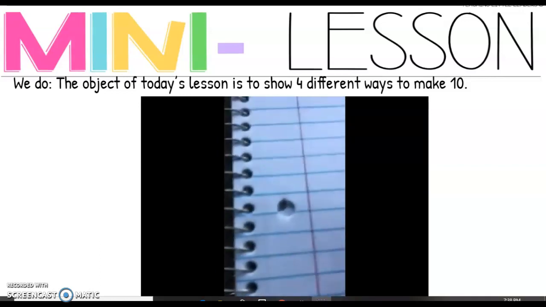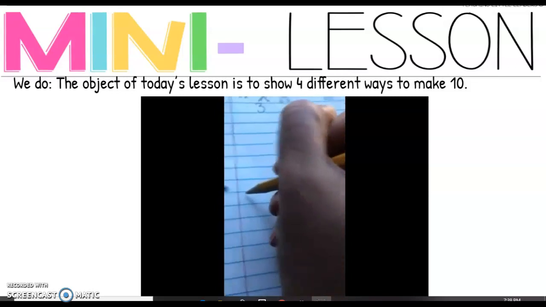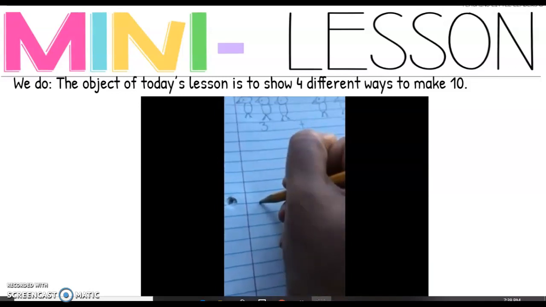Okay, so I'll start by making my first bird over here. I need 5 on this side.